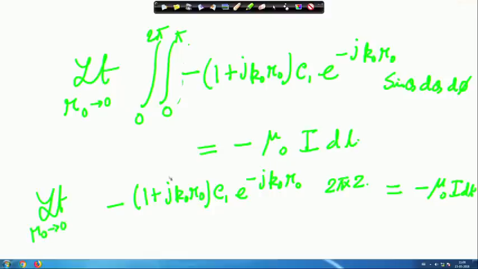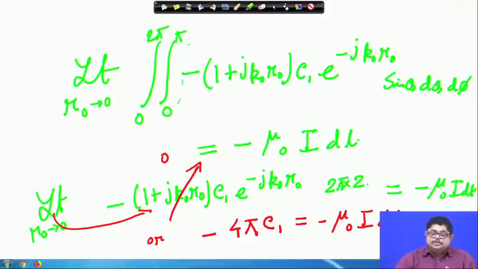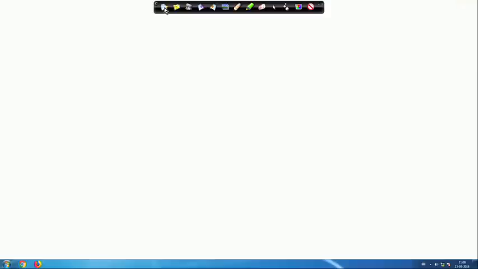So, this term goes to 0. So, I get the final thing minus 4 pi C1 is equal to minus mu naught I dl. So, this helps me to find the value of C1, which is nothing but mu naught I dl by 4 pi.